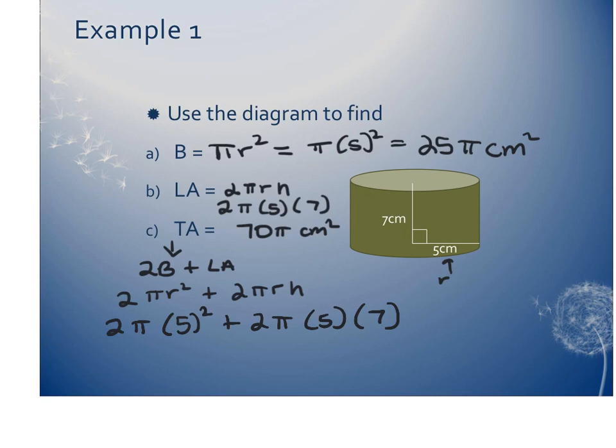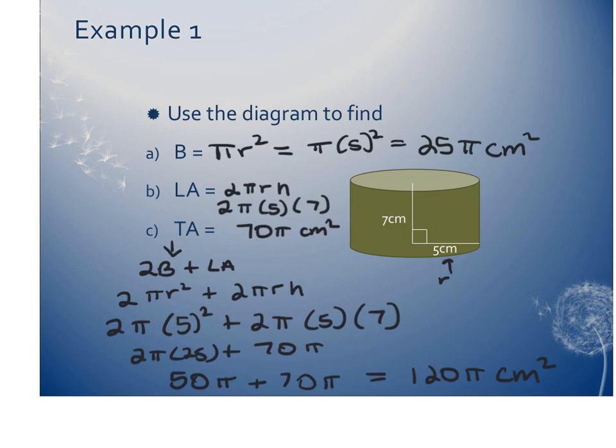Now, keep in mind, I already calculated all of these up above. So here, 2 pi times 25 gives me 50 pi. And over here, this was 70 pi. I'll add them. And my total area is 120 pi centimeters squared.